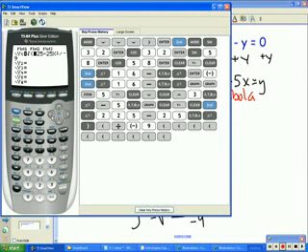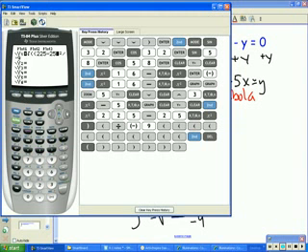We want to put the top in parentheses, so we'll insert parentheses here. Otherwise, it would do negative 25x squared divided by negative 9, and it would not include that 225.